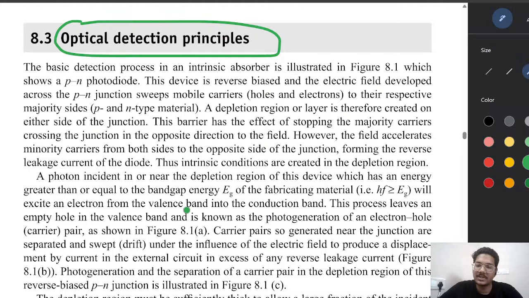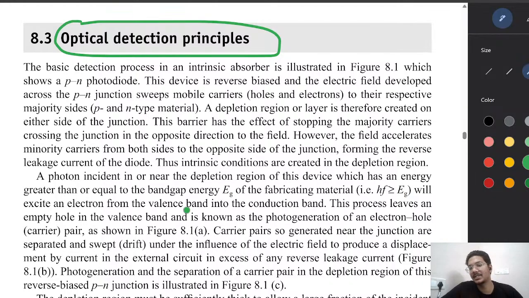In reverse bias, the electric field across the junction widens, majority carriers are prevented from crossing the junction, and minority carriers are quickly swept across, producing a small reverse leakage current.